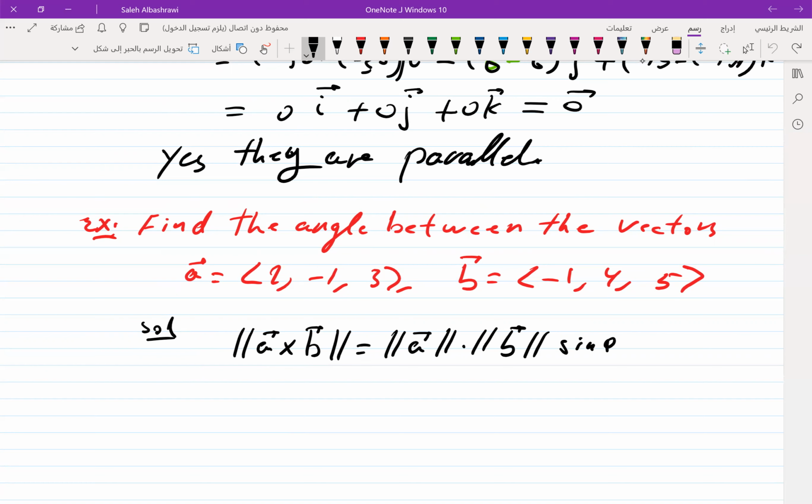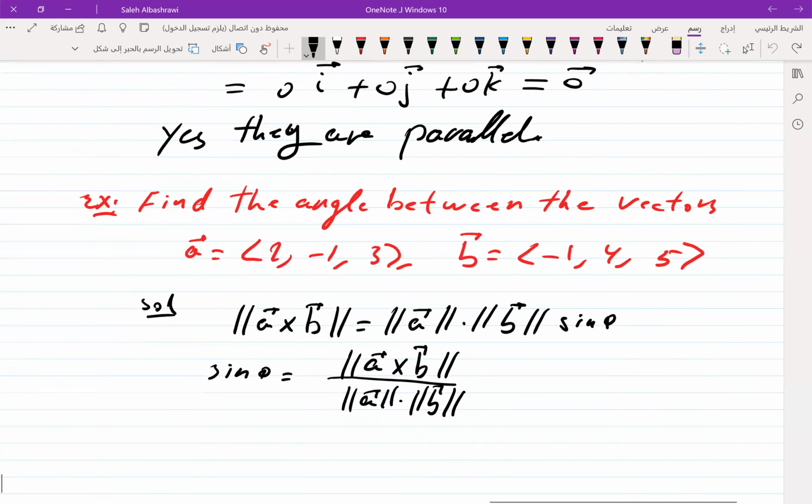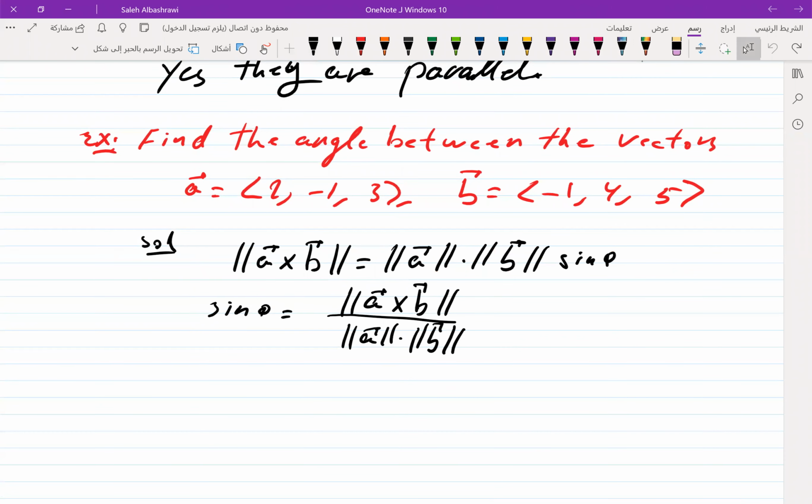So sine theta is equal to the magnitude of A cross B divided by the magnitude of A times the magnitude of B. It means that I have to find A cross B first. Then we need to find the magnitudes of the vector A cross B and the vectors A and B. So let's find A cross B first.